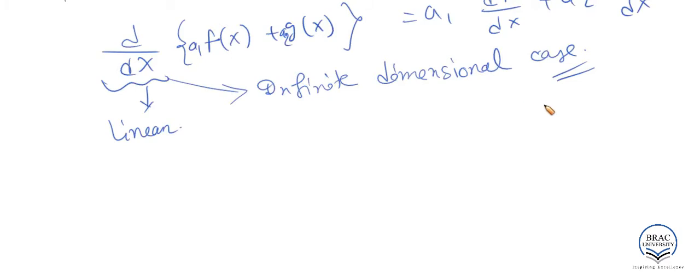And now I want to justify. By justify, I mean not mathematically rigorously, but just try to give a motivation on why we can represent the finite dimensional operators through a matrix representation, and for the infinite dimension, why we are calling it a derivative operator.